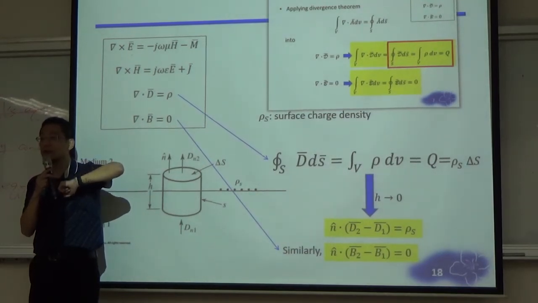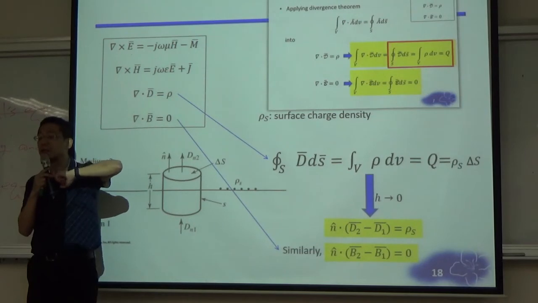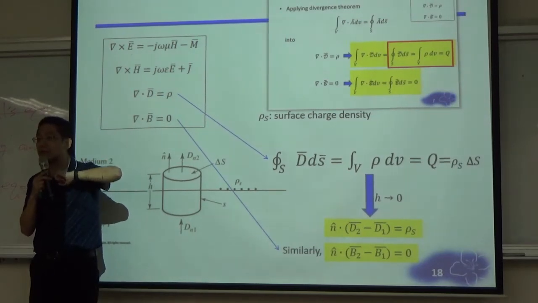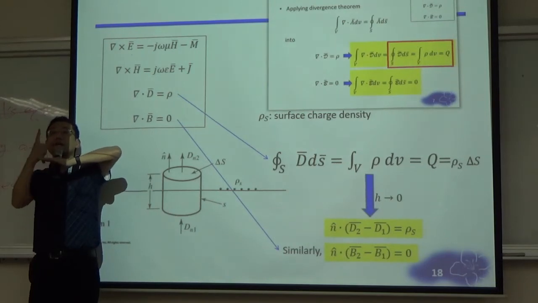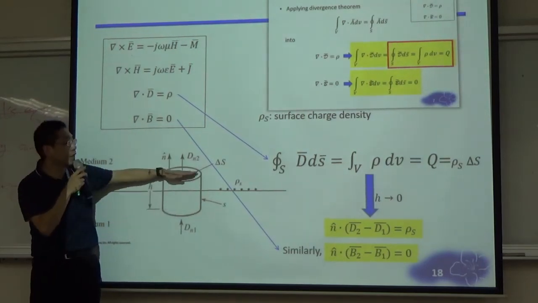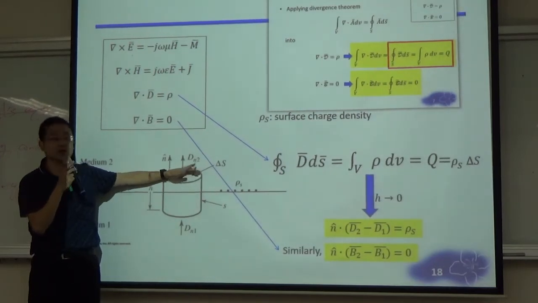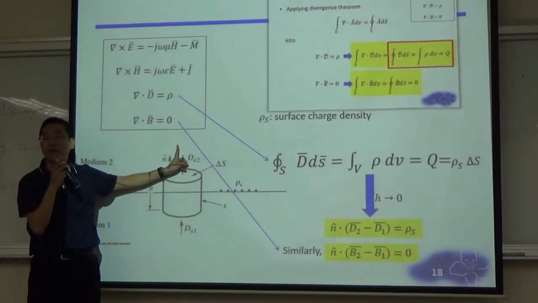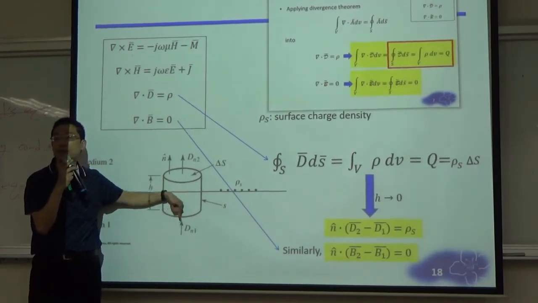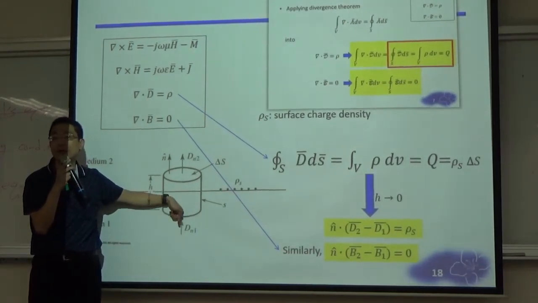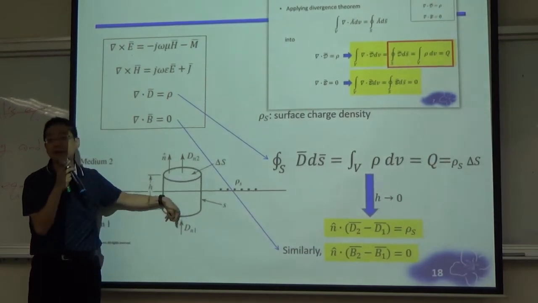Because of the definition of the direction of the surface, for the top of this surface the direction is up, and for the bottom of this surface the direction is down, to another direction. They are opposite.